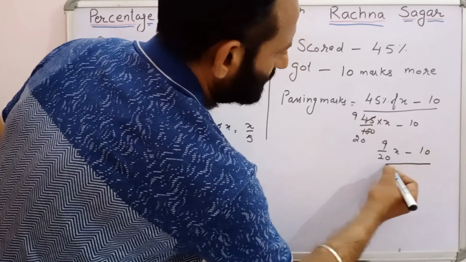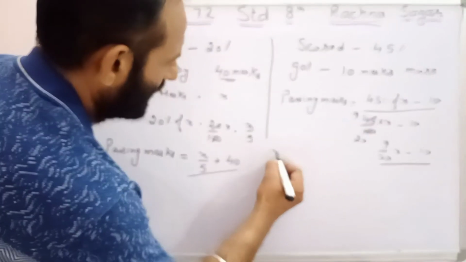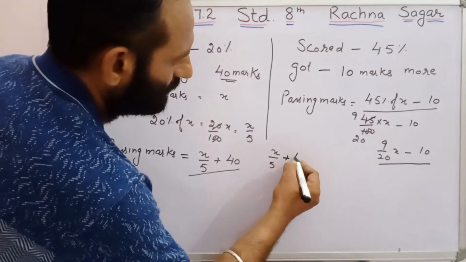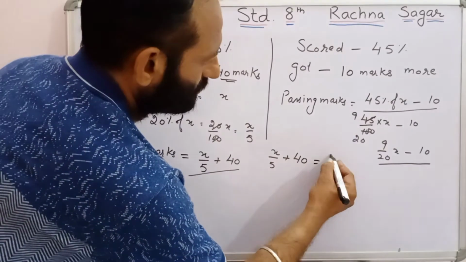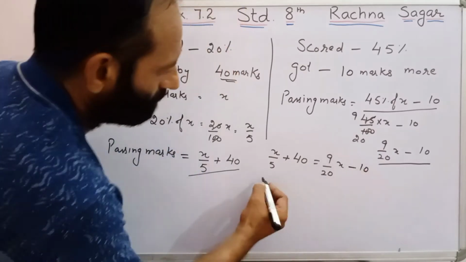Now passing marks are same for both the candidates. Therefore x by 5 plus 40 is equal to 9 by 20x minus 10.